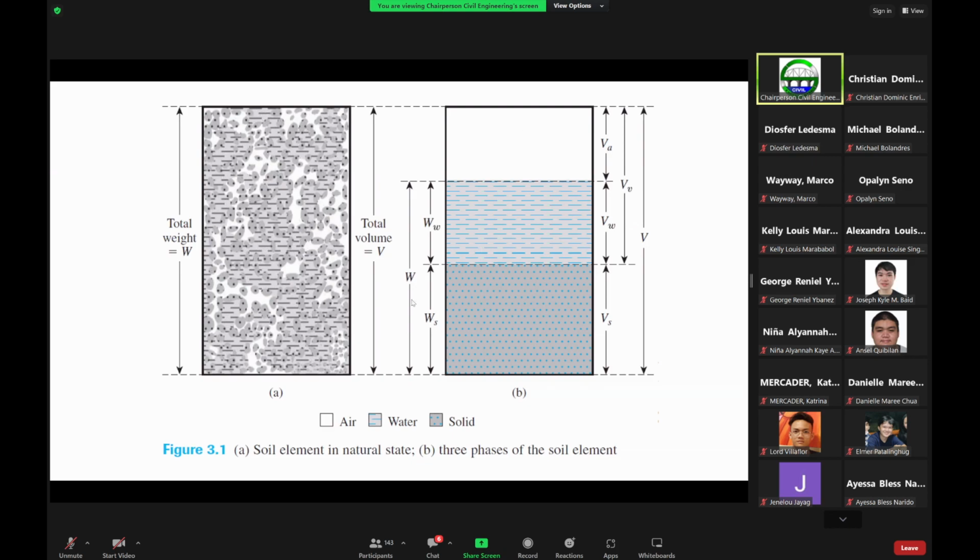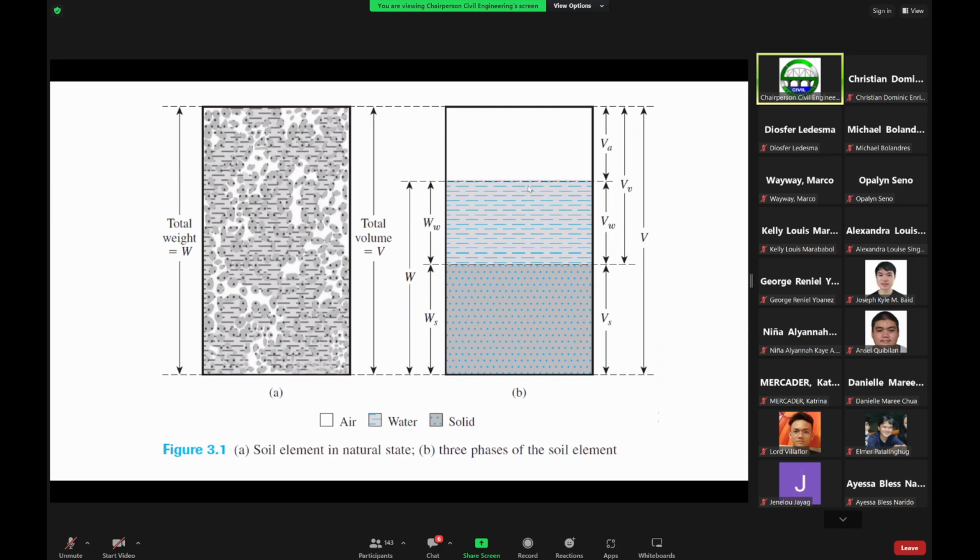For the total weight, the total weight is now the weight of the solid, W sub S, plus the weight of the water, presuming that the weight of the air is negligible.